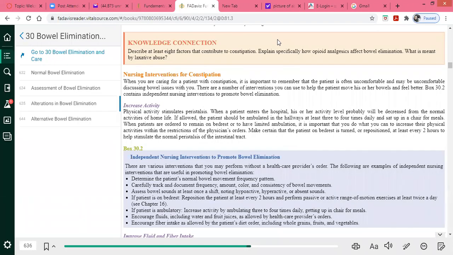The book talks about how providing privacy for institutionalized individuals can prevent constipation. Because some people, if no privacy is being offered, may decide, hey, I'm just going to hold it.